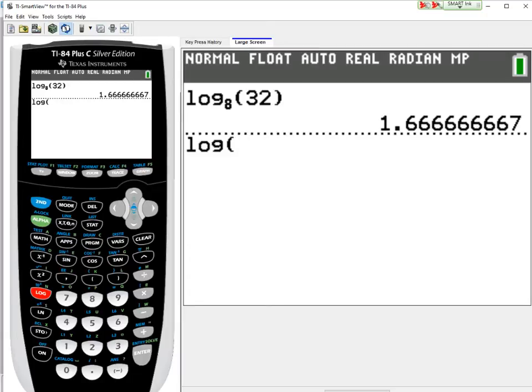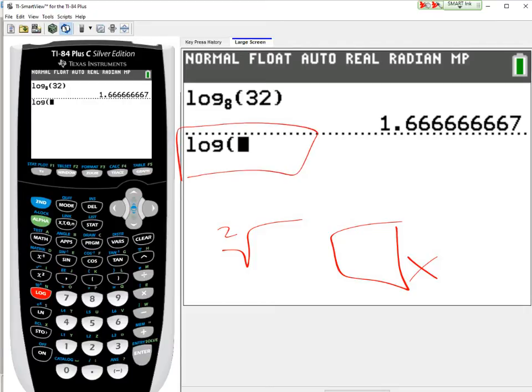But before we do that, I'm going to preface some things. If we do the square root of something, what's the index? 2. It's understood, right? We don't write it, but we know that. If we have x, what is the coefficient on x? 1. It's understood. We don't write that. Because of this guy, this does have a base number on it, but what is our base system in?